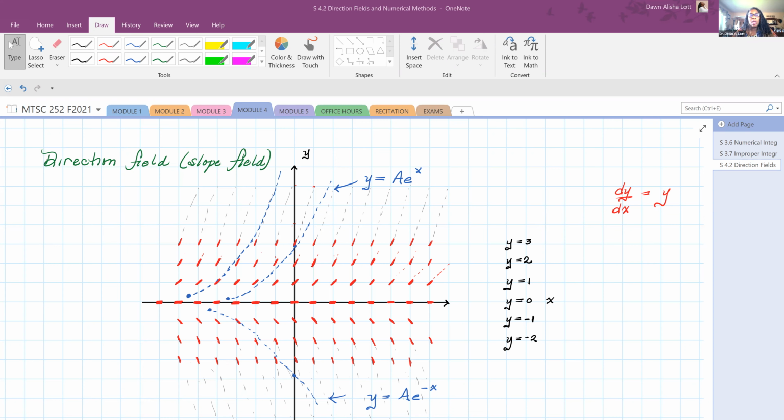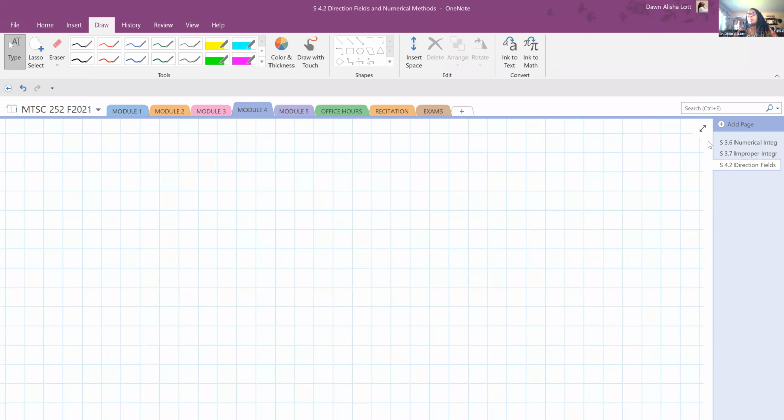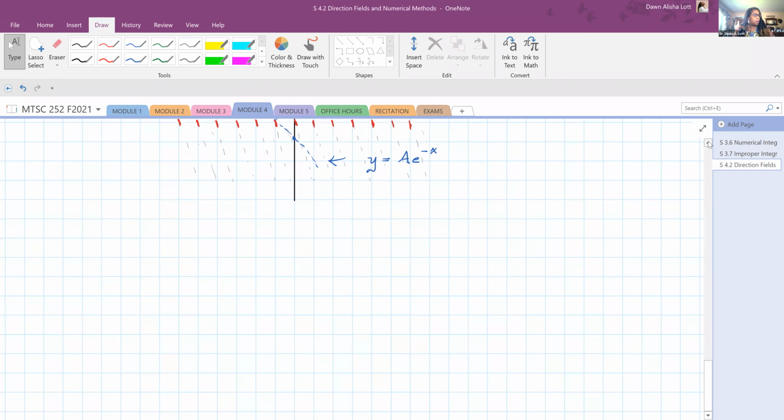Okay, so this one comes from your text. Here's the problem. The problem is solving the differential equation T prime equals negative 0.4 times (T minus 42).